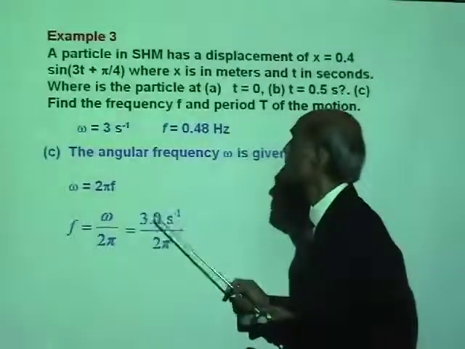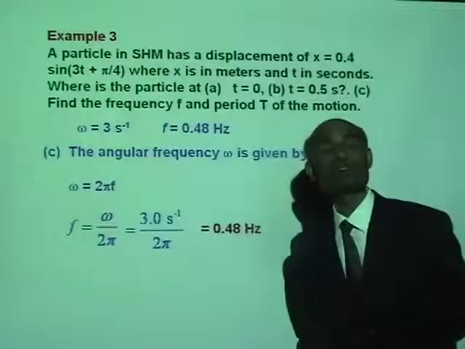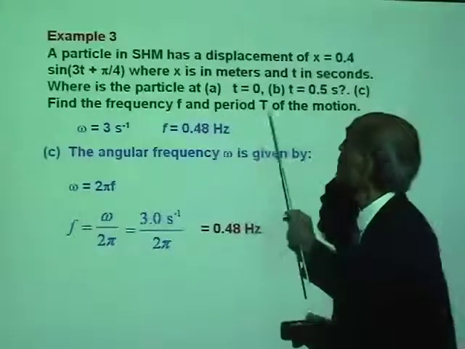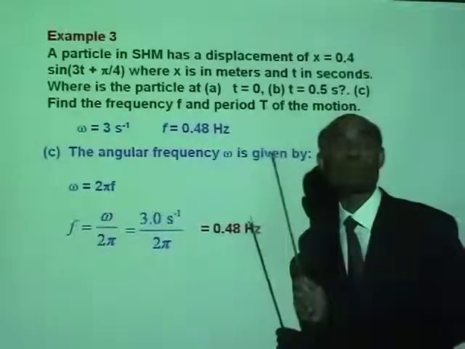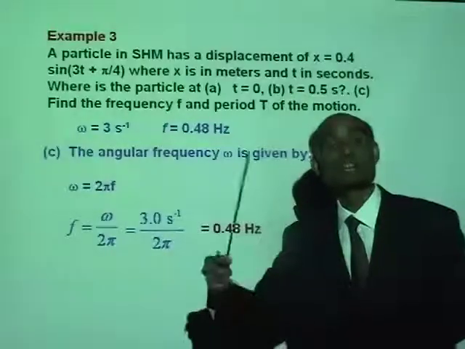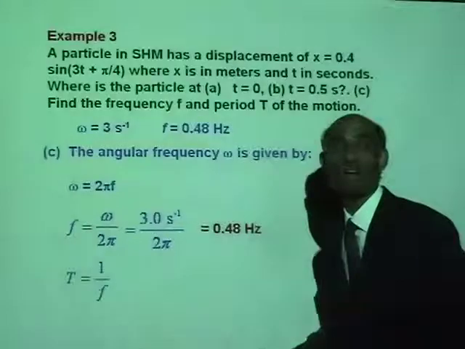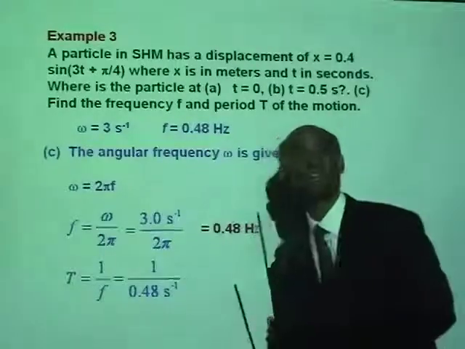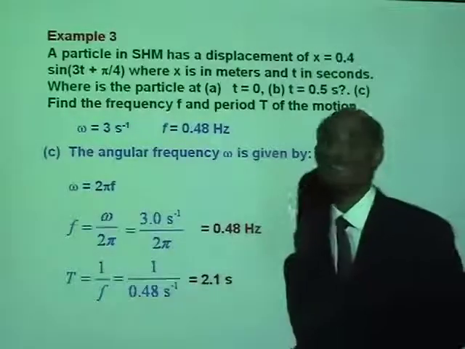Omega is 3 per second, divided by 2 pi, that is 0.48 Hertz is the frequency. And of course, if you know the frequency, you can now find the period. Period is the reciprocal of the frequency. T equal to 1 over f, that is 1 over 0.48 per second. That is 2.1 seconds.